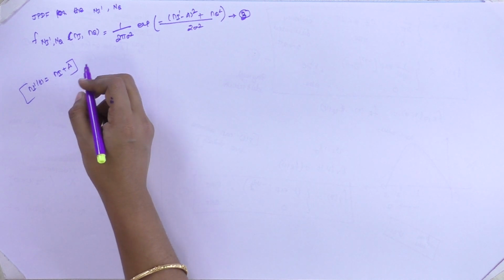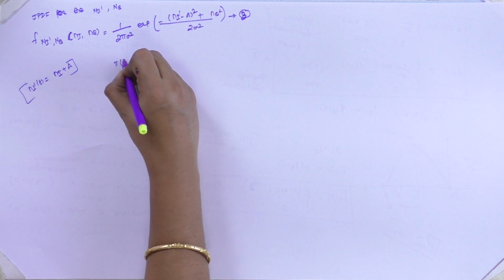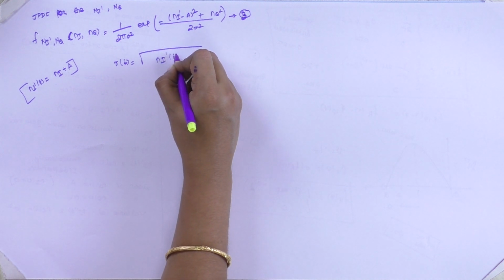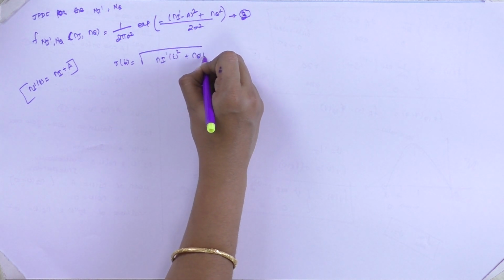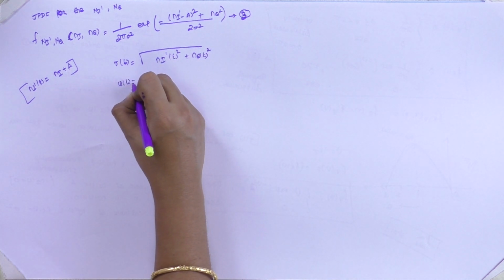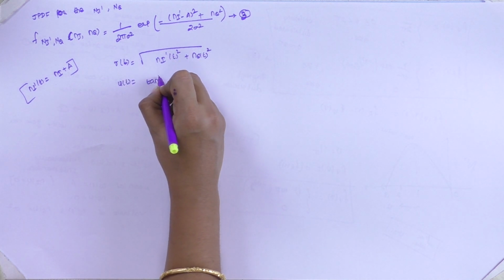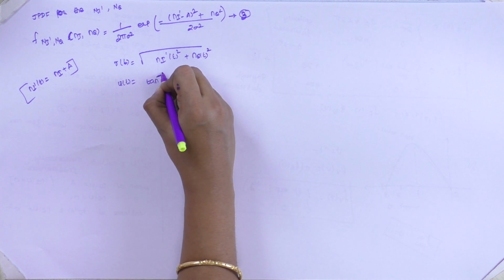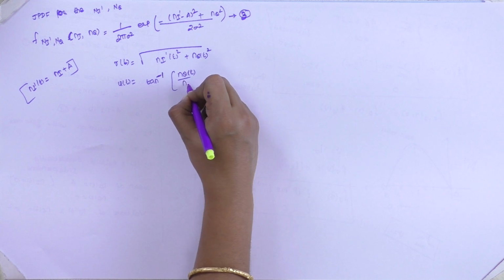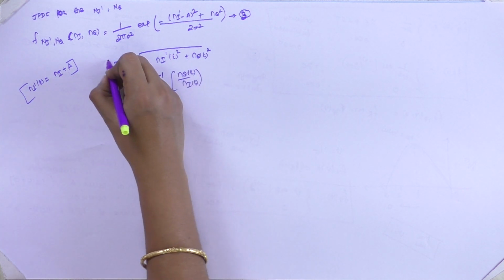Now in terms of envelope and phase components, we already know the transformation. R of t is equal to root of ni dash square of t plus nq of t square, and psi of t is equal to tan inverse of nq of t by ni of t.